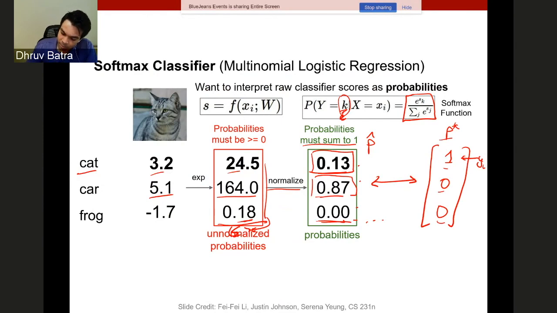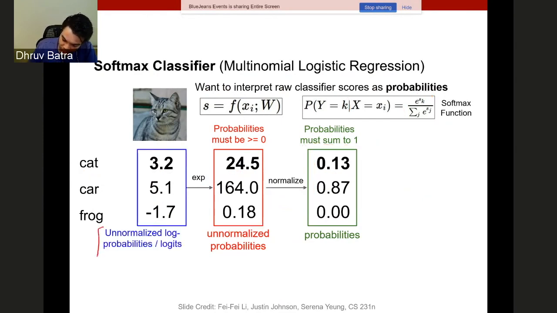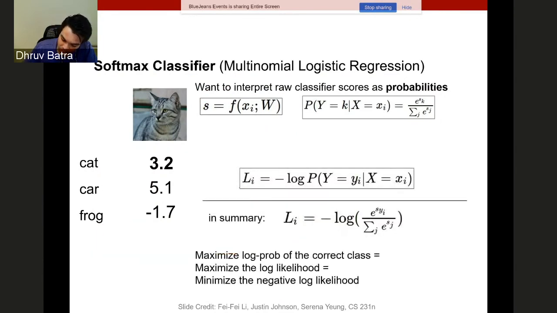Okay, just to give you names, these are the unnormalized log probabilities, or logits, as they are also known. These are unnormalized probabilities, and these are probabilities themselves. The next thing that we're going to do is use these probabilities to define a loss function. And the loss function we're going to define is the negative log probability of the correct category given the image and W, obviously.